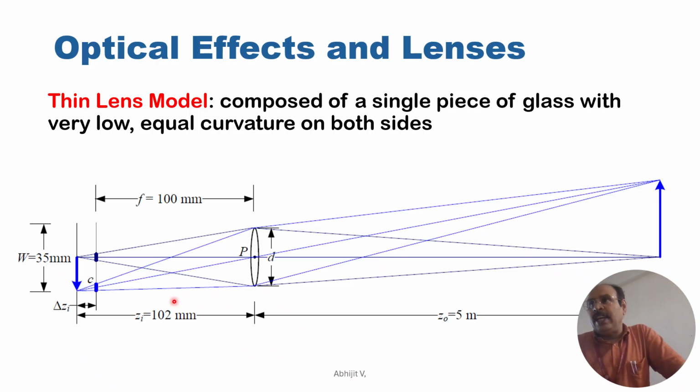Zi, whenever there is a suffix I, it stands for incidence. ZO, output, or the reflected one. So please make note of these quantities. F 100 mm, Zi 102 mm, ZO 5 mm. Okay. And there is a quantity called as D.